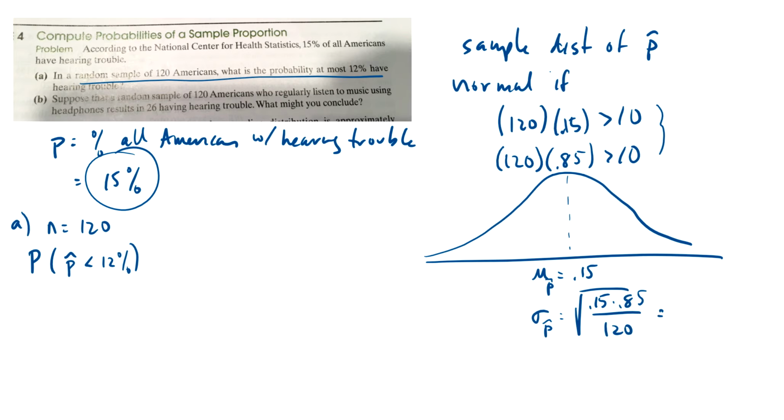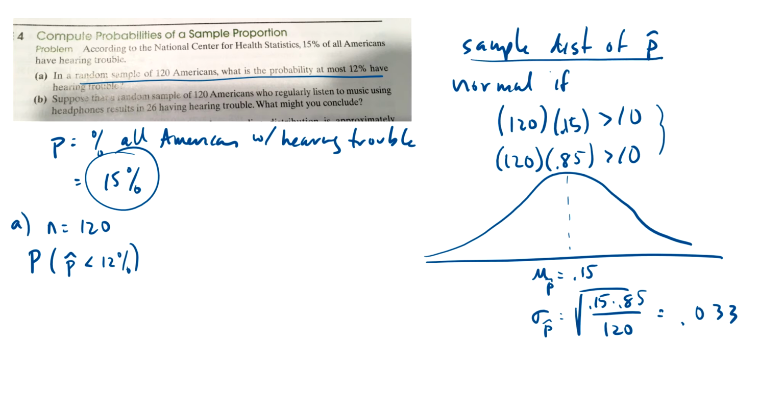Let's go ahead and calculate that. So it's going to be the square root of 0.15 times 0.85 divided by 120. And that's going to be 0.033. Okay. And so the question is, remember, these are all samples.